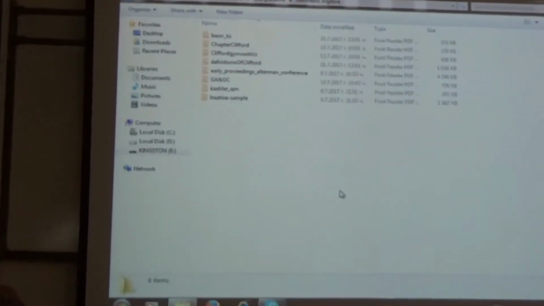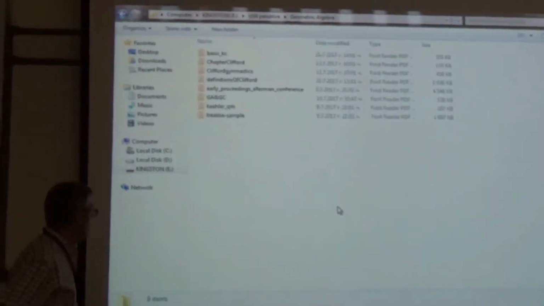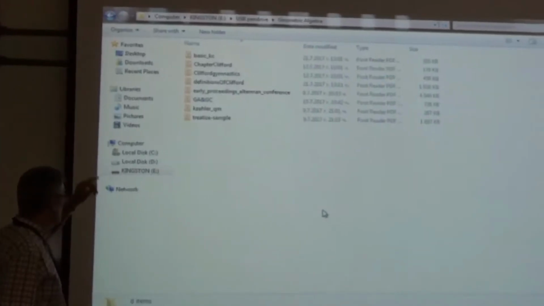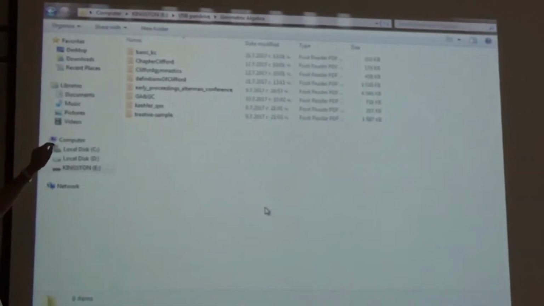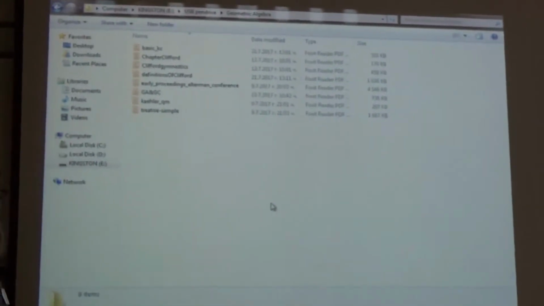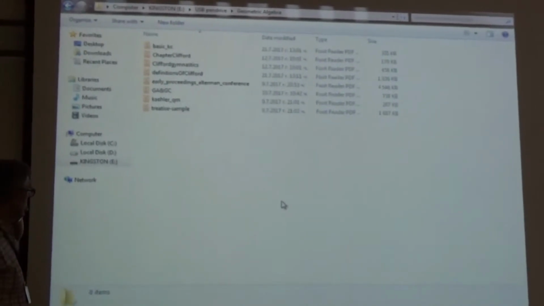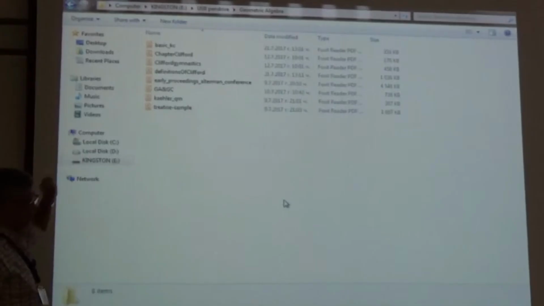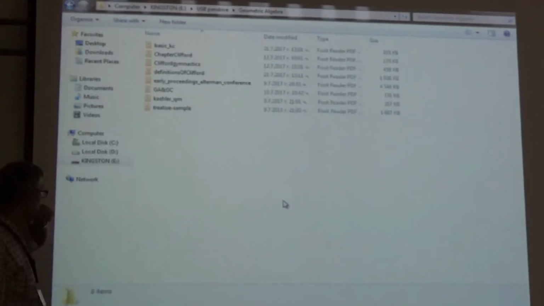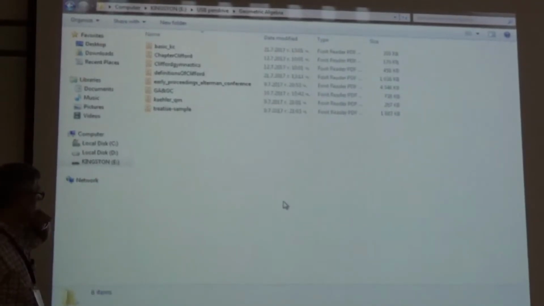We have here materials about geometric algebra. The first is a lecture basically for everyday calculus. Chapter Clifford is material of mass. Clifford gymnastics is also there, the definition of Clifford.